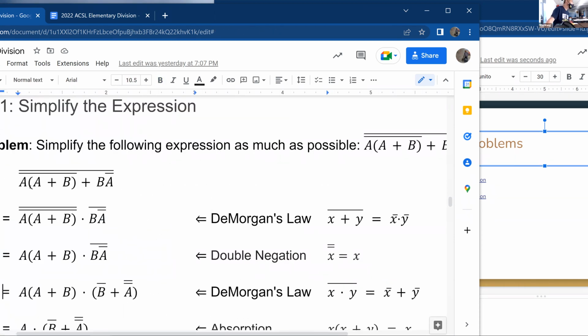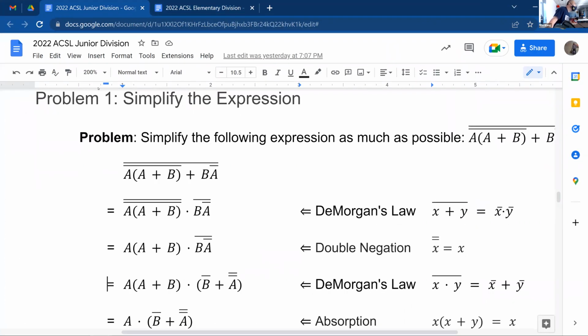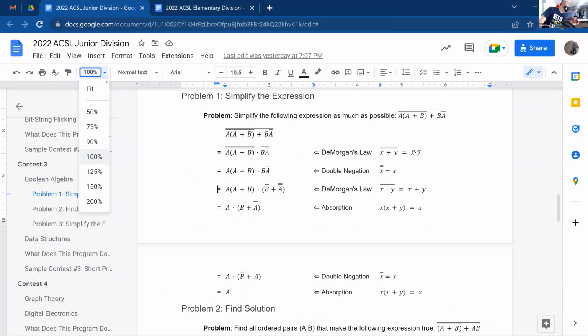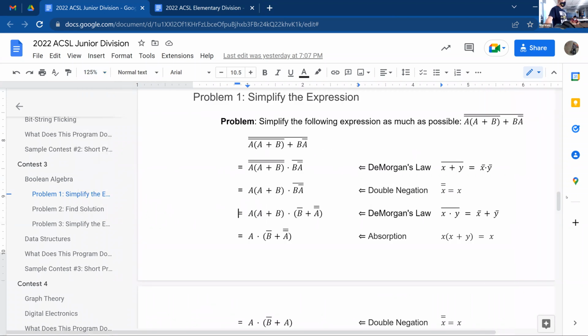So this is a problem, right? Okay, so this is an expression.